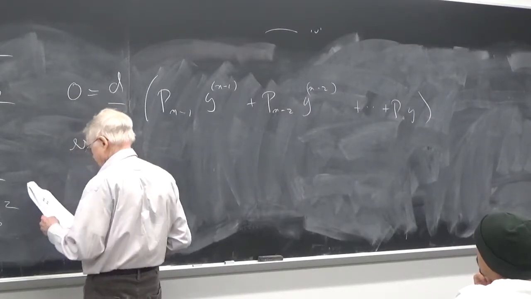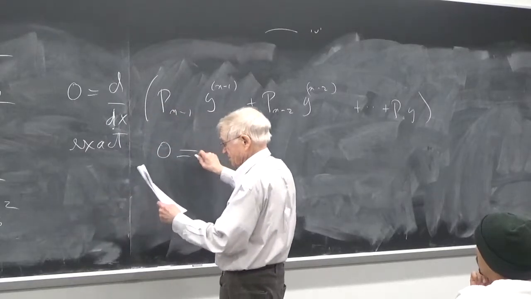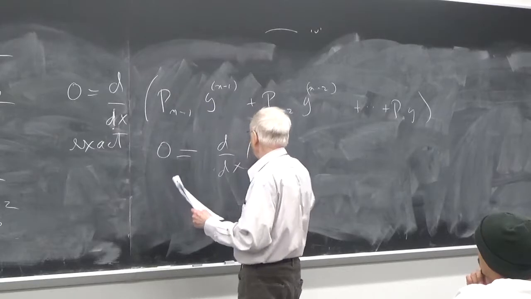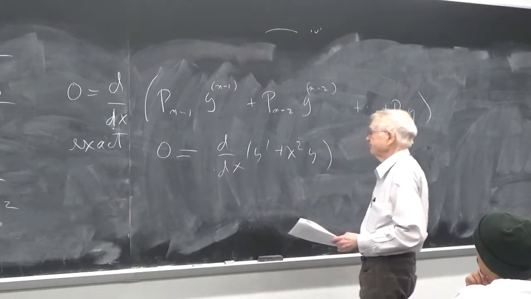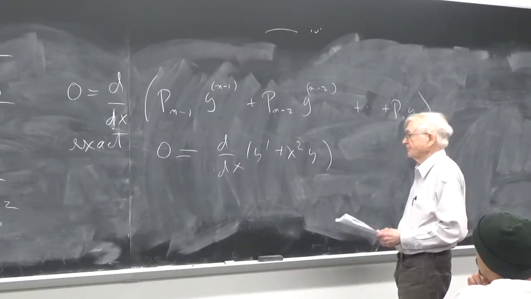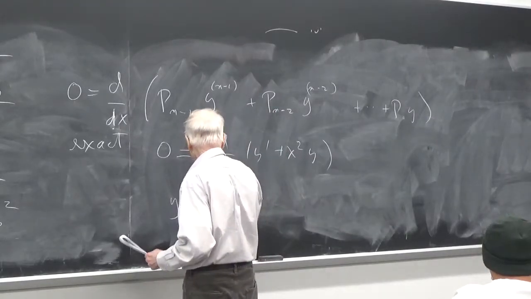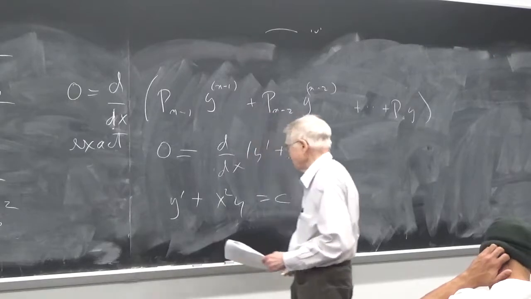And an example is, suppose you have 0 equals d by dx of (y prime plus x squared y). Well, that can be rewritten as y prime plus x squared y is equal to some constant.